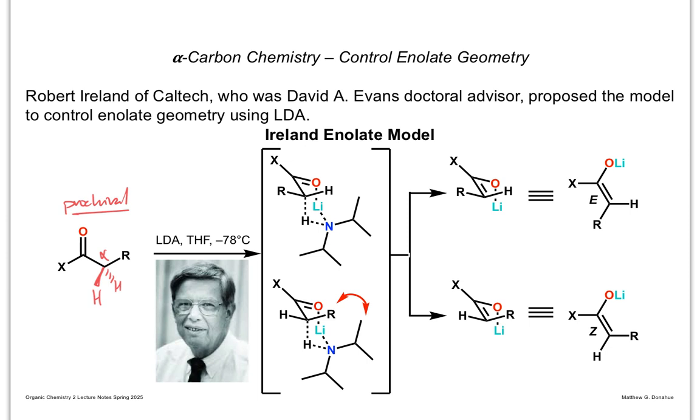So Ireland figured out that using this base, LDA, lithium diisopropylamide, that base is selective for one of those hydrogens.